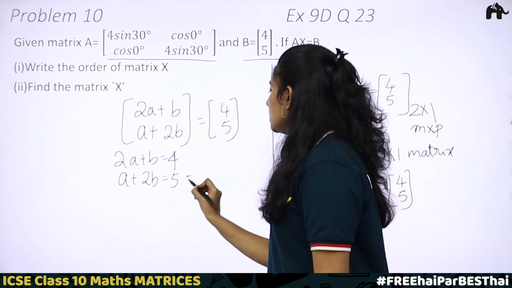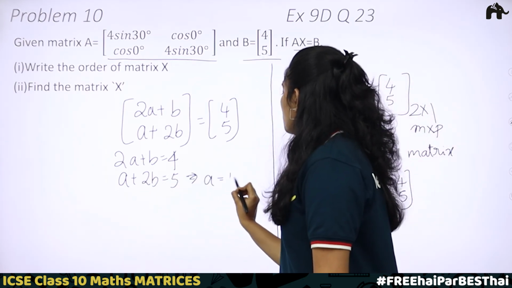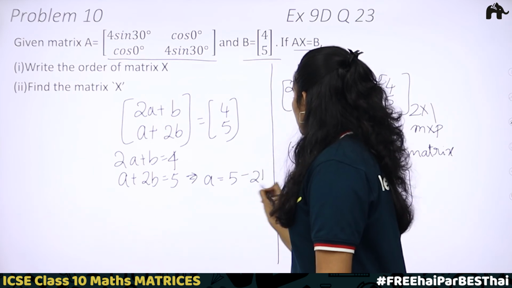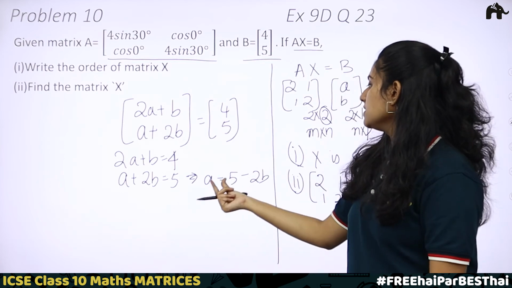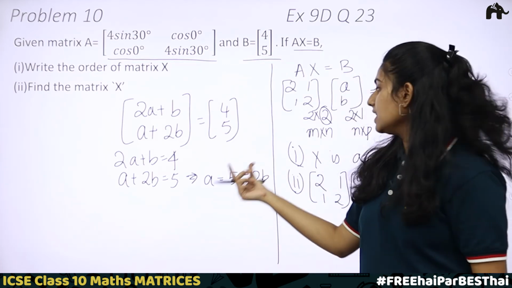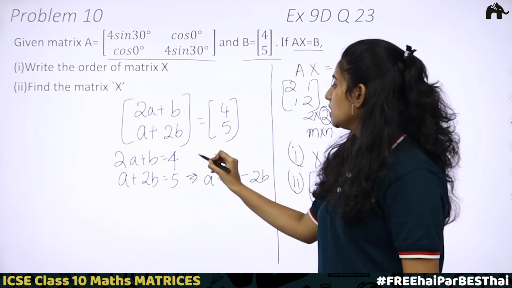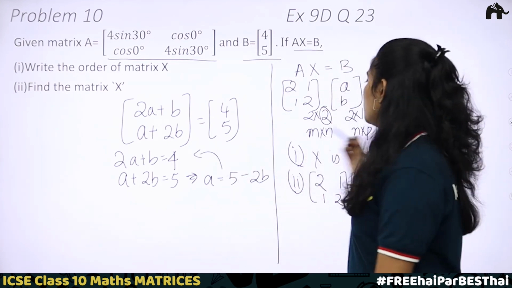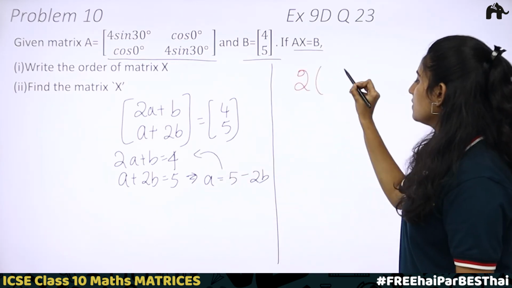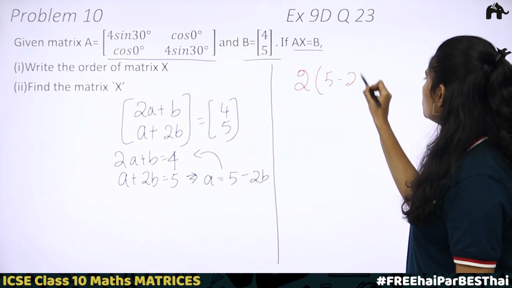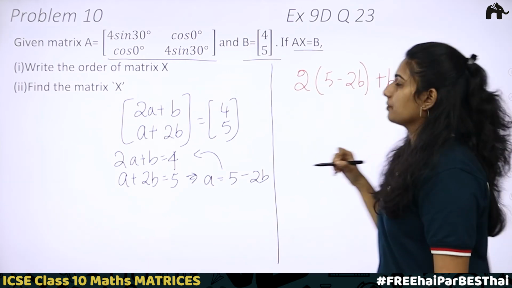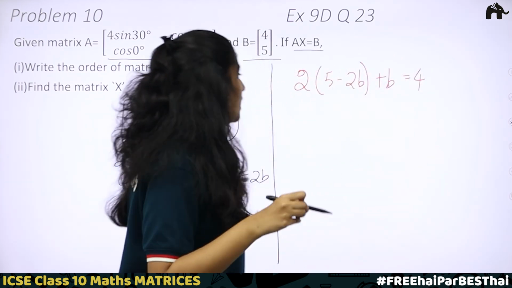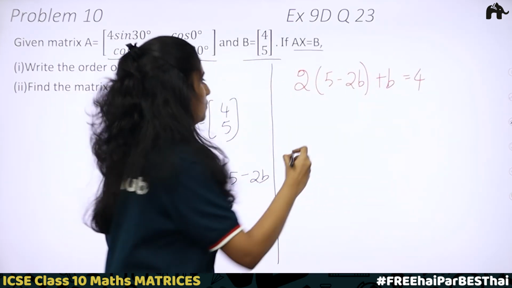From the second equation, we can write a is equal to 5 minus 2b. I am taking this 2b to the opposite side, so it becomes 5 minus 2b. Now this value of a, we can substitute in the first equation. What do we get then? 2 into (5 minus 2b) plus b is equal to 4.